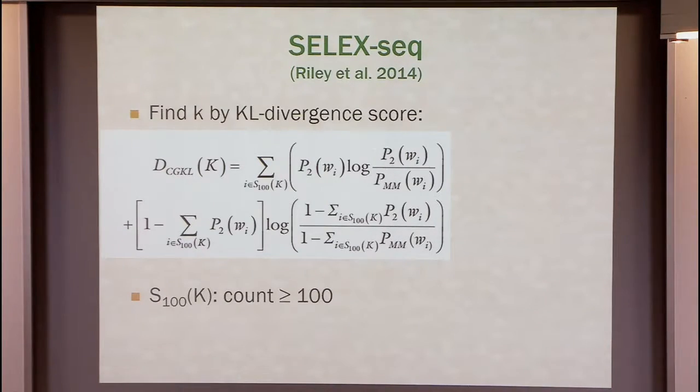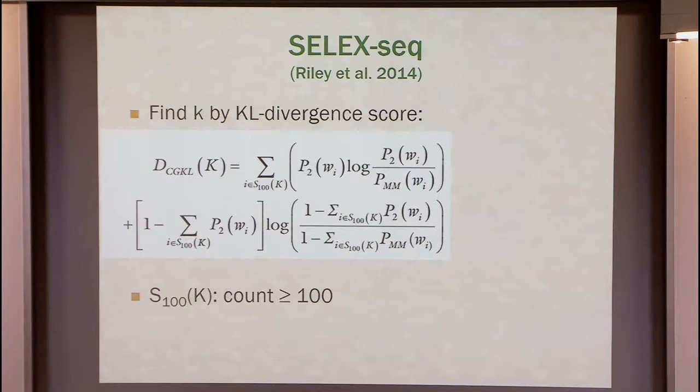They put them into the calculation, where the distribution that they compare is the distribution of k-mers in the second round compared to the initial round. So we start from a uniform or close to uniform distribution, and we go to a distribution that gives us the binding preferences that is more specific to the protein binding. They take all k-mers that have a count of less than 100 and put them in the same pool, which is legit.